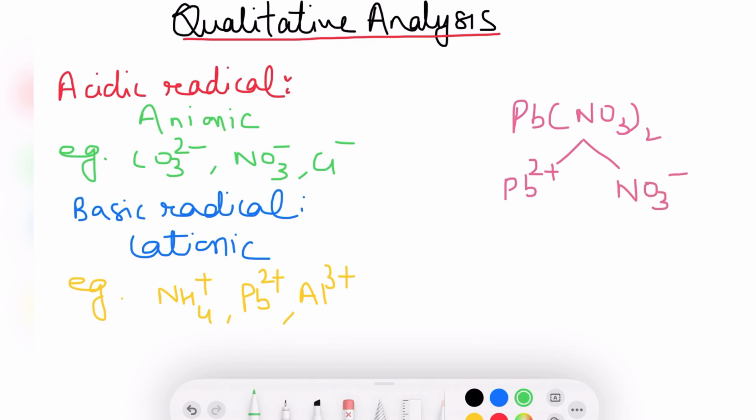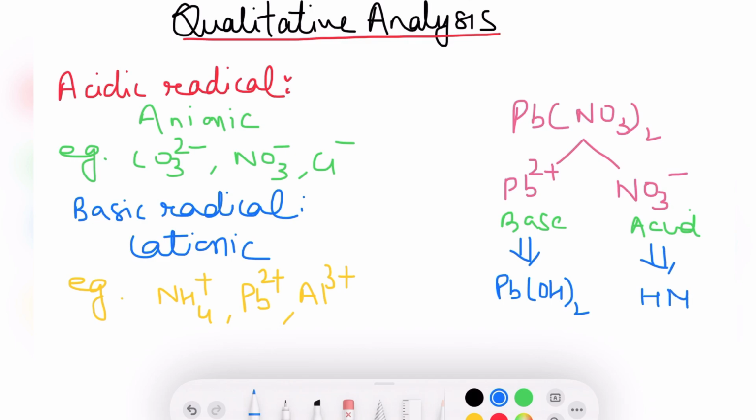Lead ion comes from a base part, and nitrate comes from an acid part. So in case of base, we add a hydroxide part, so it becomes lead hydroxide, and in case of acid, we add H plus, so it becomes HNO3.